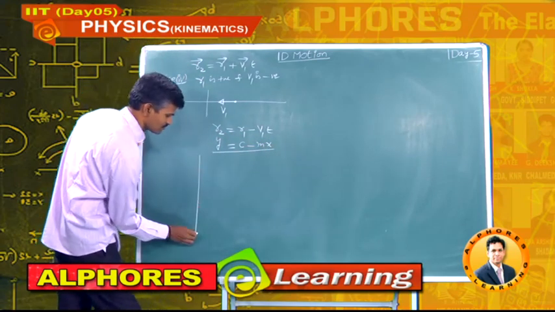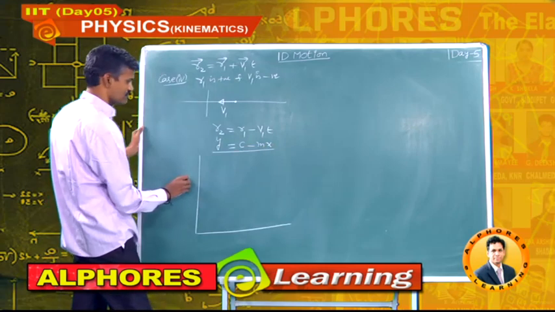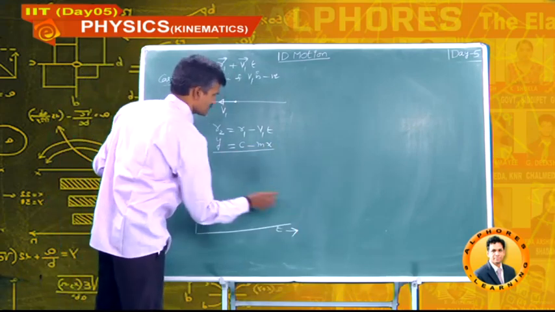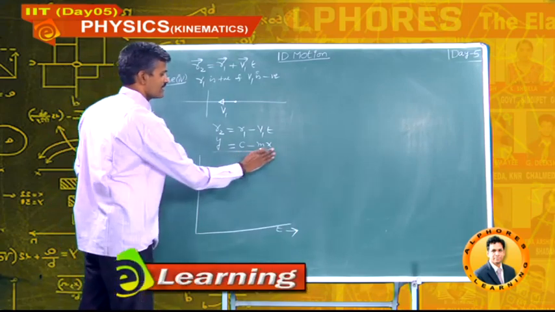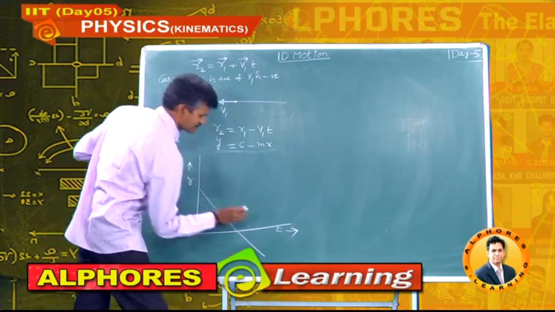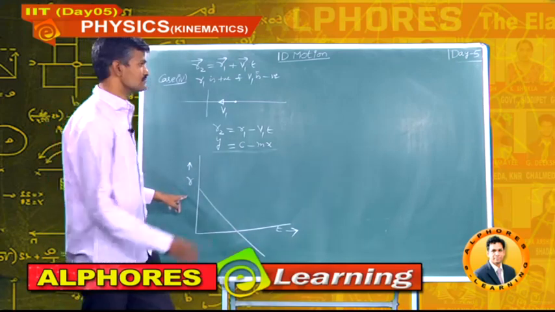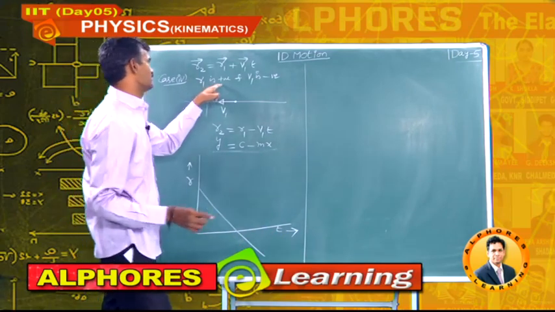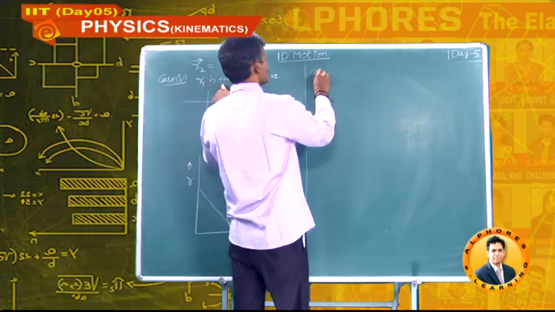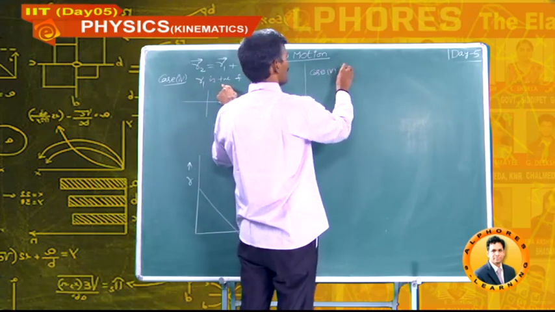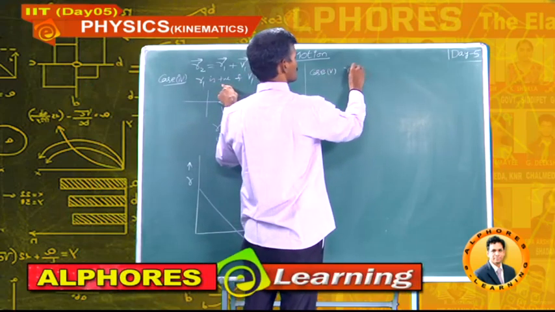This is position, and this is time. So, this position time graph is y equal to some constant minus mx. So, it is like this.